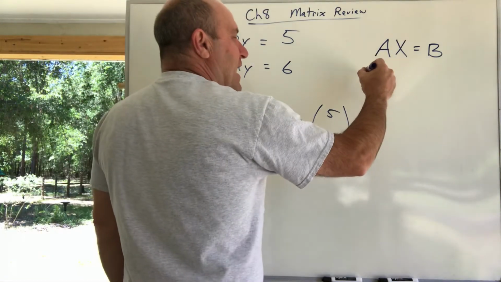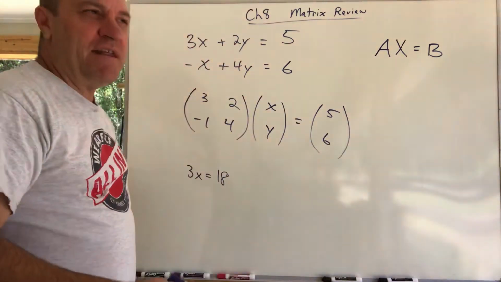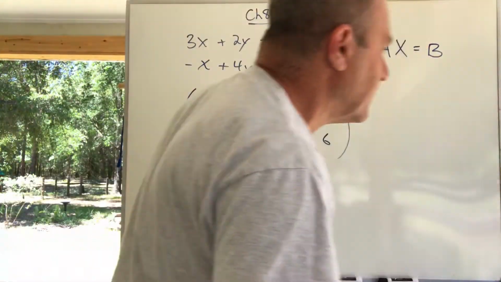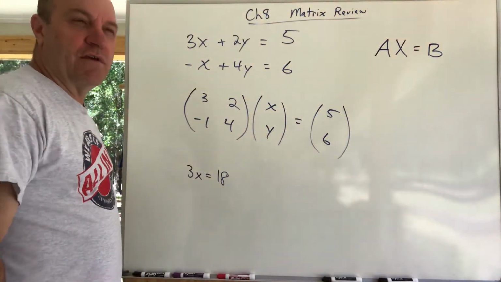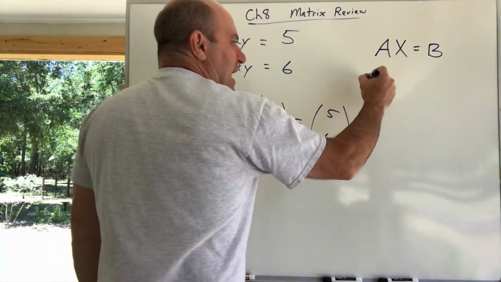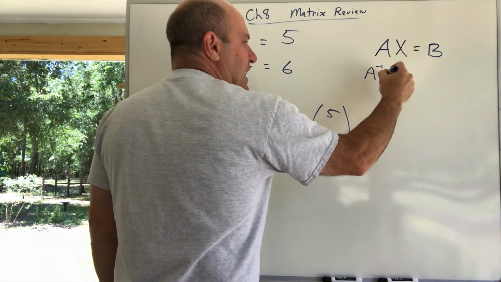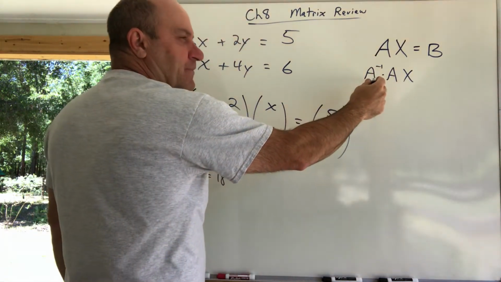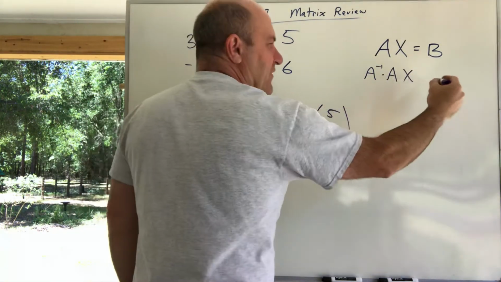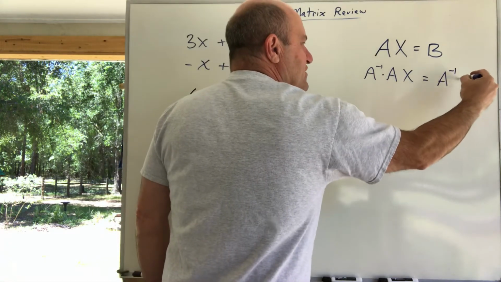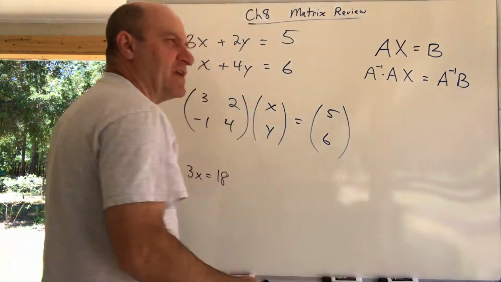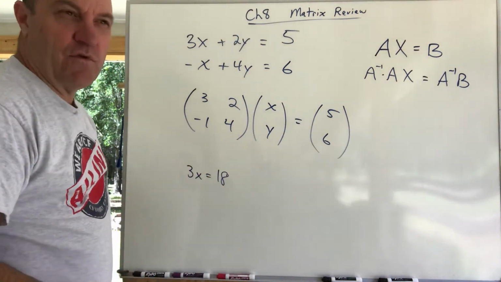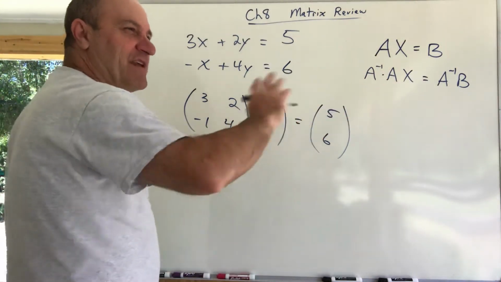And so I would, but the funny thing about matrix multiplication is that it is not commutative. So when I multiply by A inverse times A, I'm multiplying on the left, and therefore I have to multiply on the left, A inverse times B. Because matrix multiplication is not commutative, I can't just multiply on either side.